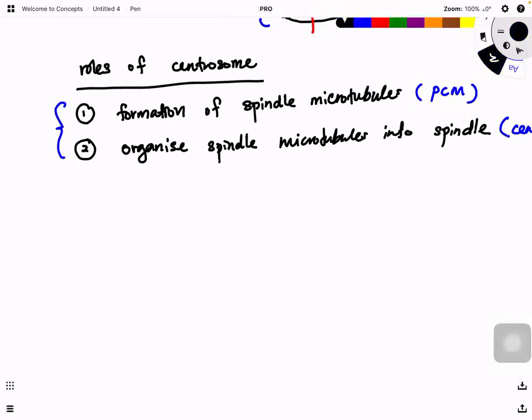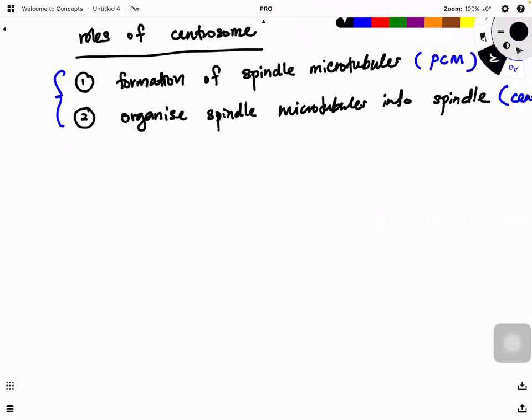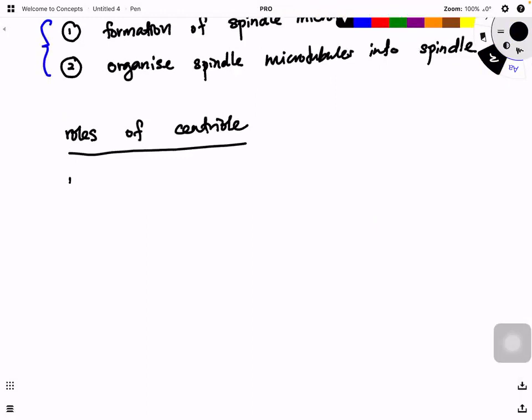But if the question asks you what is the general role of the centriole, because when we learn about mitosis we have to add on something else, the role of the centriole is very simple, only one role: organize spindle microtubule to form spindle.